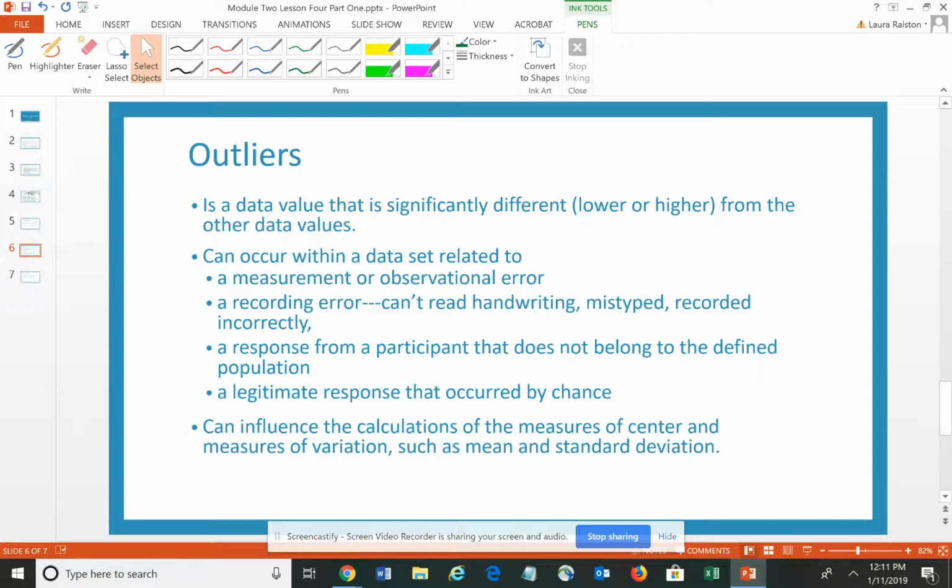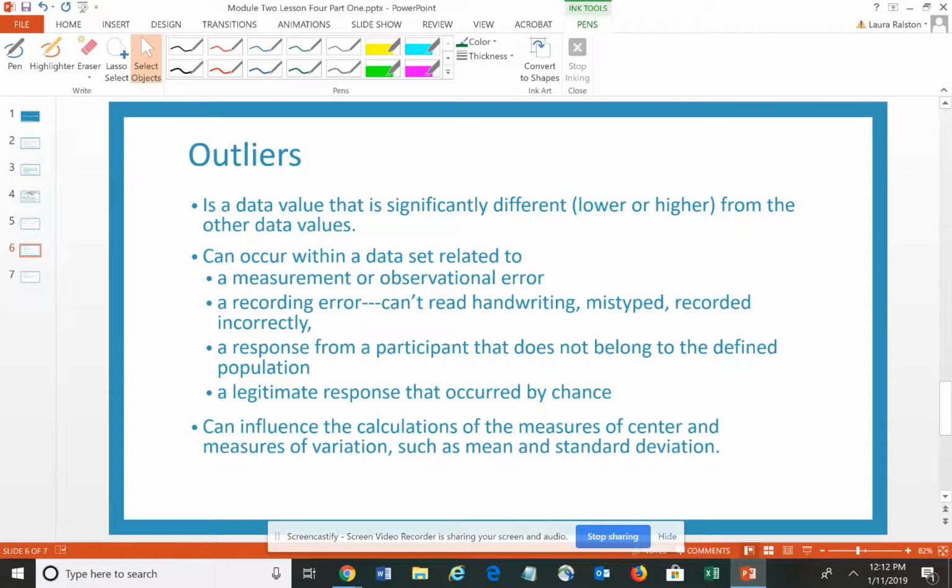It could be that the response came from someone that really wasn't part of the study. It was from a participant that does not belong to the defined population. For example, if the study has to do with females and you include a male, then the responses from the male very well could be considered outliers because a male was not part of the original population.